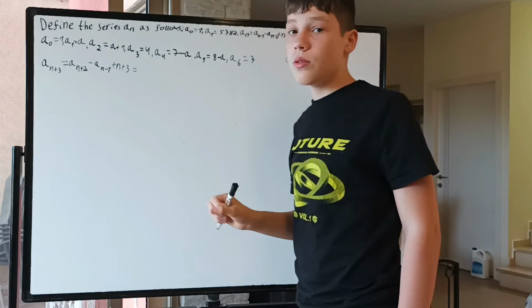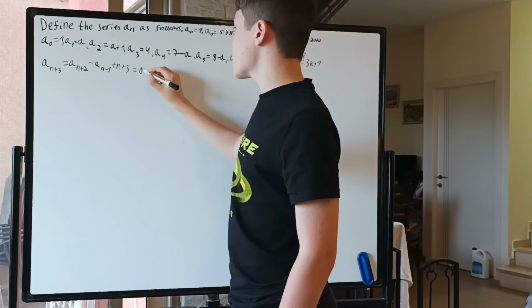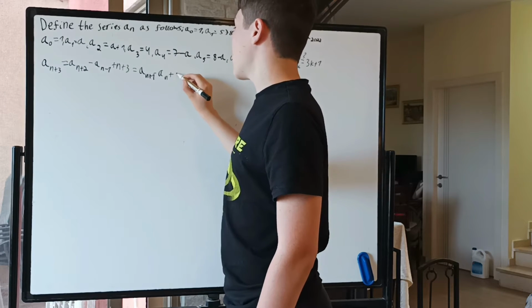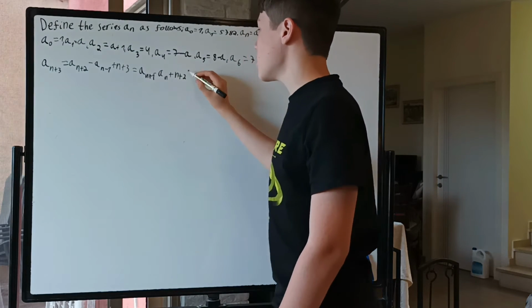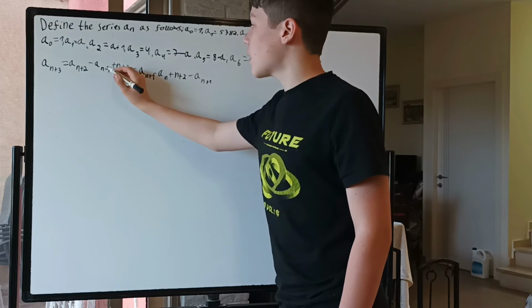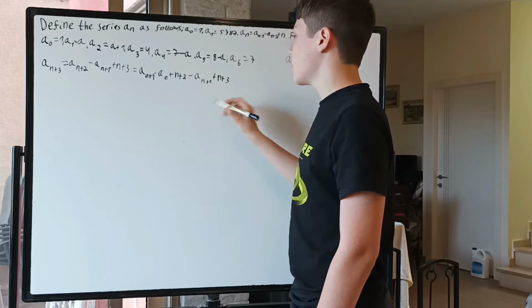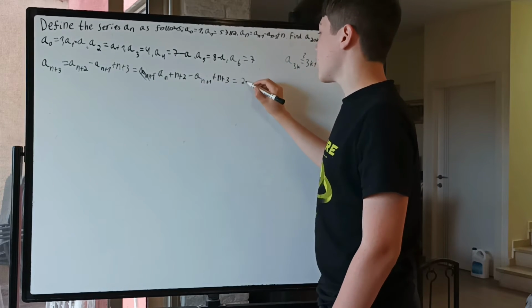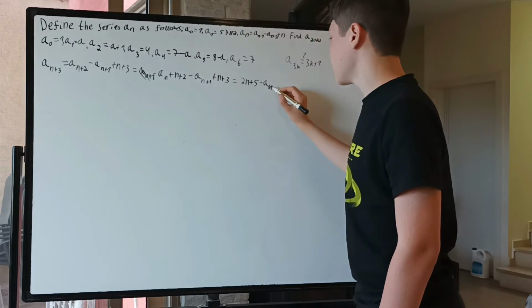But now I can use the definition on A_{n+2}. So this is going to be A_{n+1} minus A_n plus n plus 2, and then we have the rest, so minus A_{n+1} plus n plus 3. And now A_{n+1} cancels out. We get 2n plus 5 minus A_n.